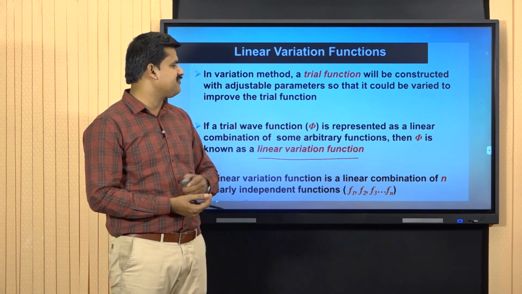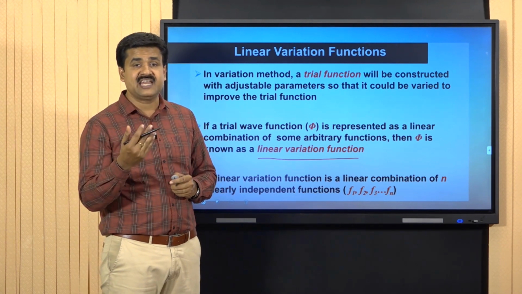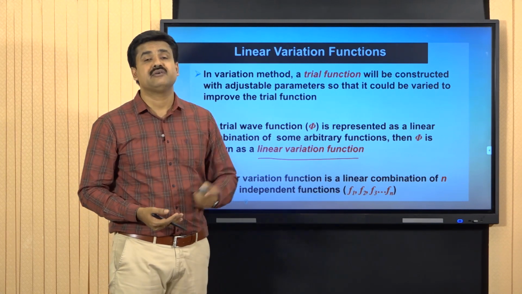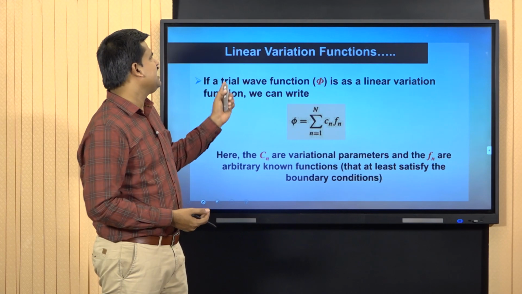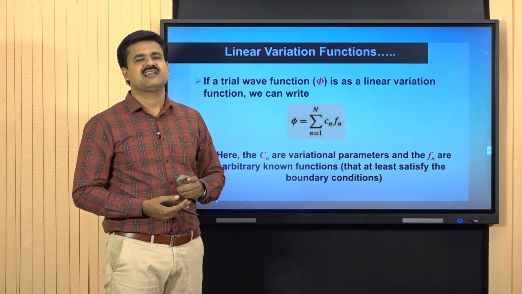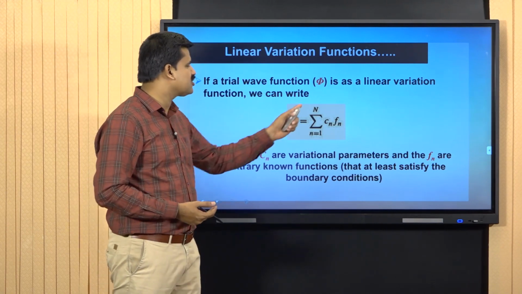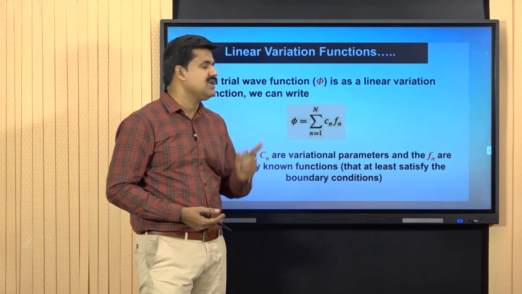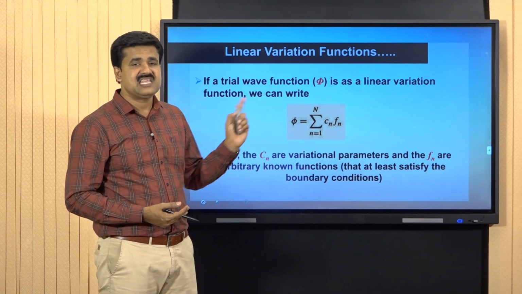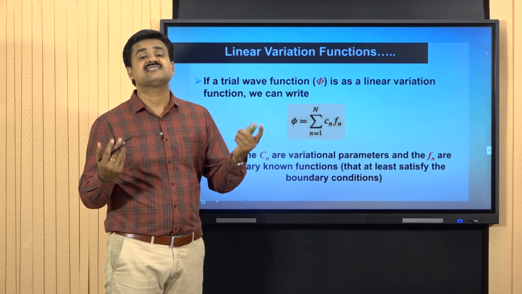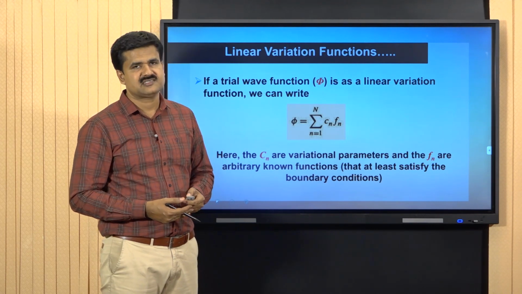A linear variation function is a linear combination of n linearly independent functions, f1, f2, etc. up to fn. Then we can write phi is equal to summation n is equal to 1 to n Cn fn. Here Cn's are variational parameters and fn are arbitrary known functions that at least satisfy the boundary conditions.